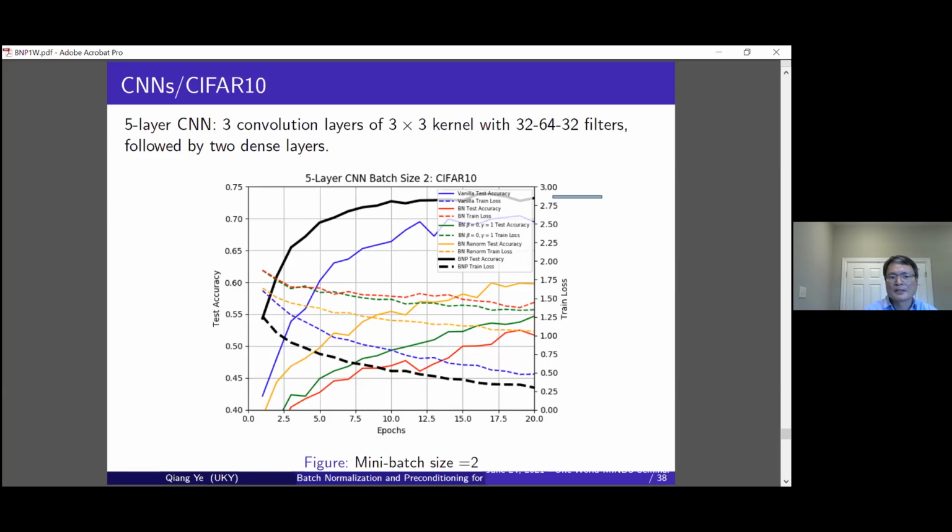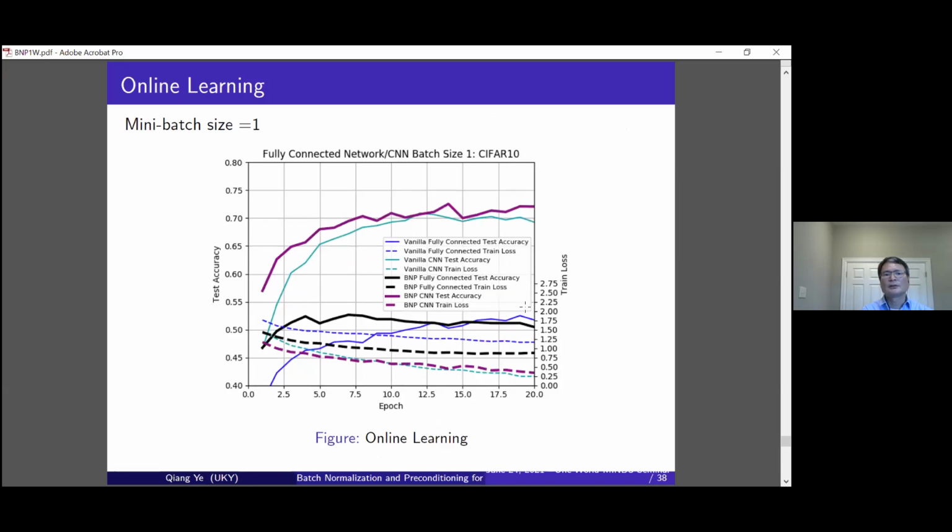Okay, so that's CNN. Here's also one example of online learning, where the mini batch size is 1. In that case, BN simply doesn't work. So here we compare with the vanilla network.